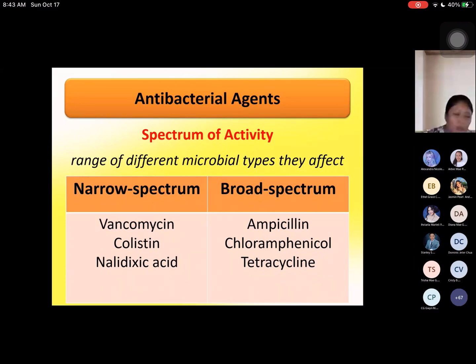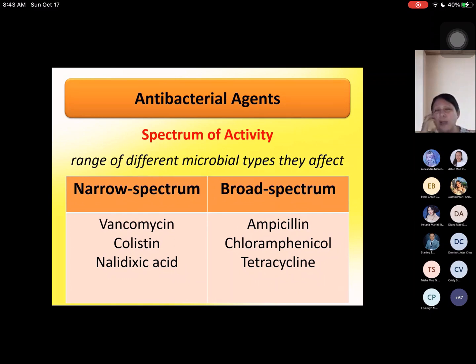Examples of this are vancomycin, colistin, and nalidixic acid. Okay? Broad spectrum antibiotics usually affect both gram-negative and gram-positive, and most of our normal microbiota and normal microflora are also affected by the broad spectrum antibiotic.